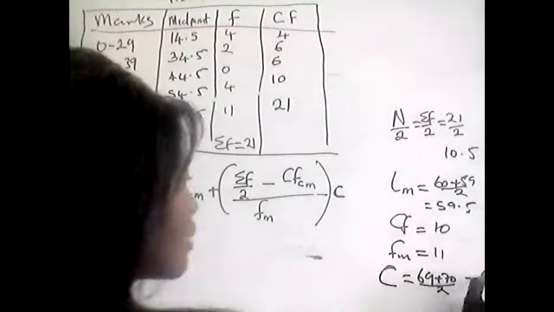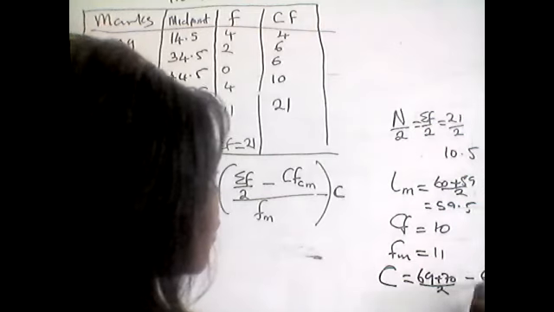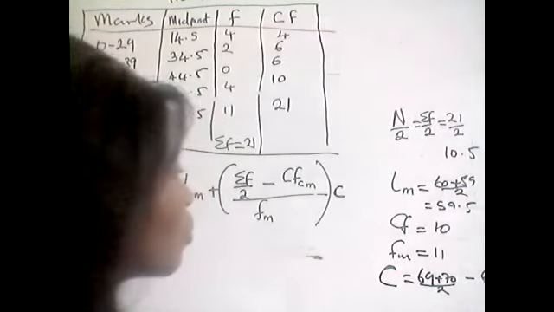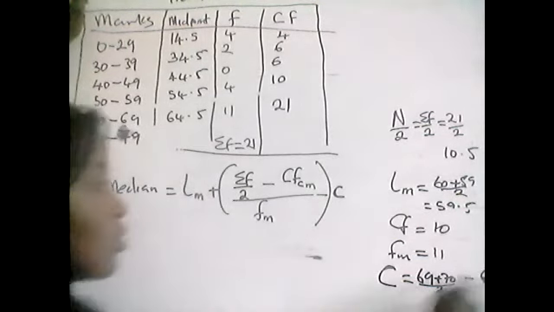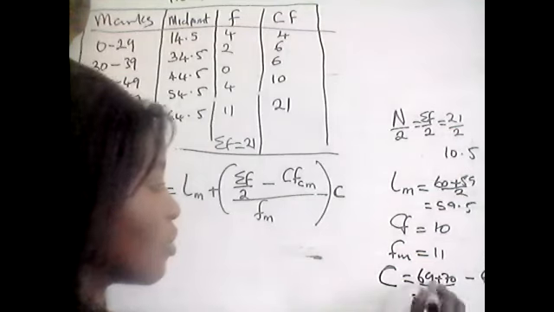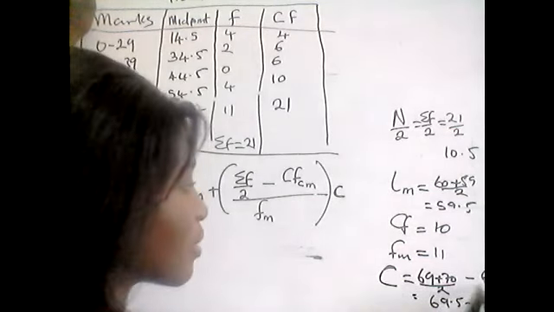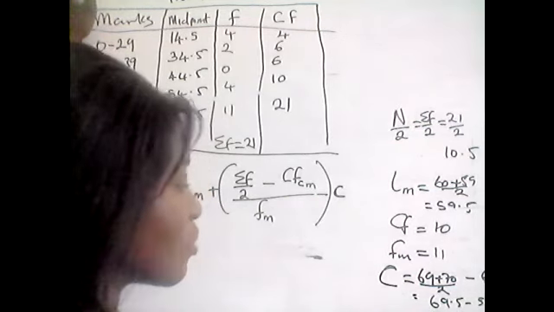So plus 60 plus 59 over 2. So this is going to give us 69.5 minus 59.5. So the answer here is going to be 10.